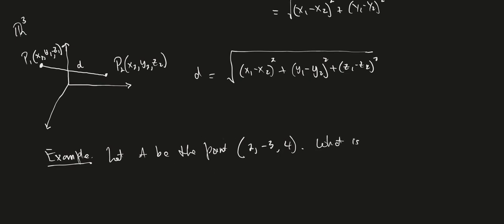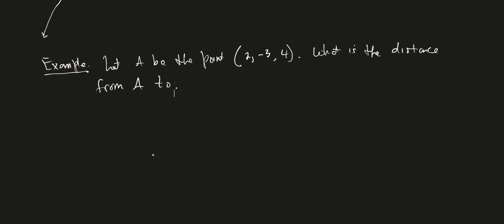So what is the distance from A to, and we're going to go through parts A, B, C, D of this question. So in part A, we want to find the distance from point A to the point 3, 8, -7. So what is that distance, right?